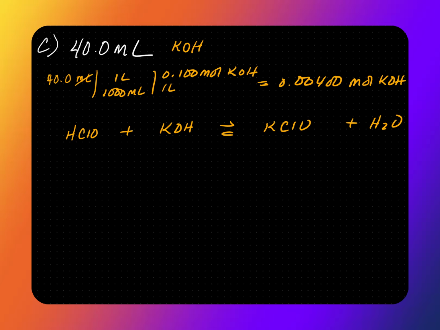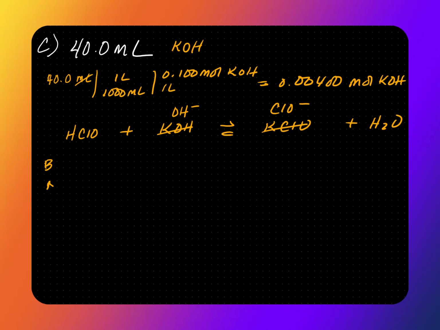And we said the potassium dissociates, so this is going to be OH minus and this is going to be ClO minus. And when you write the equation, the charges on each side must be the same because of conservation of matter. The charges, the atoms, all must be the same.